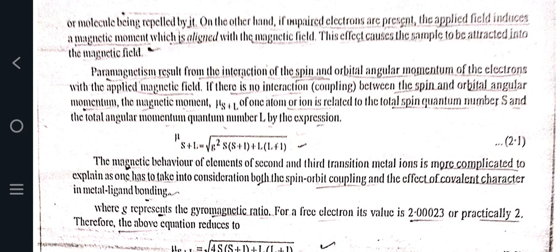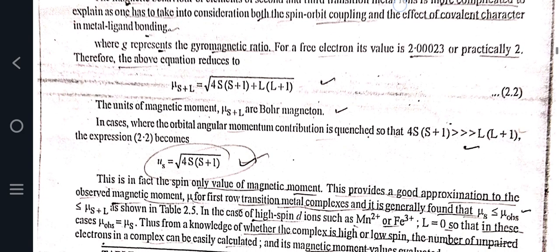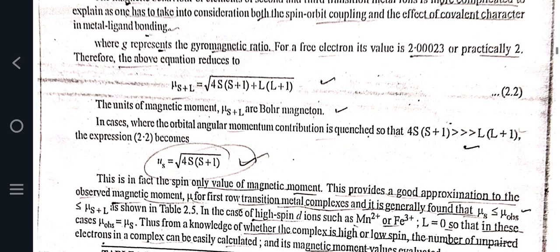where g represents the magnetic ratio for free electrons. Its value is 2.00023, or approximately 2. Therefore, the above equation reduces to mu(S+L) = sqrt(4S(S+1) + L(L+1)).